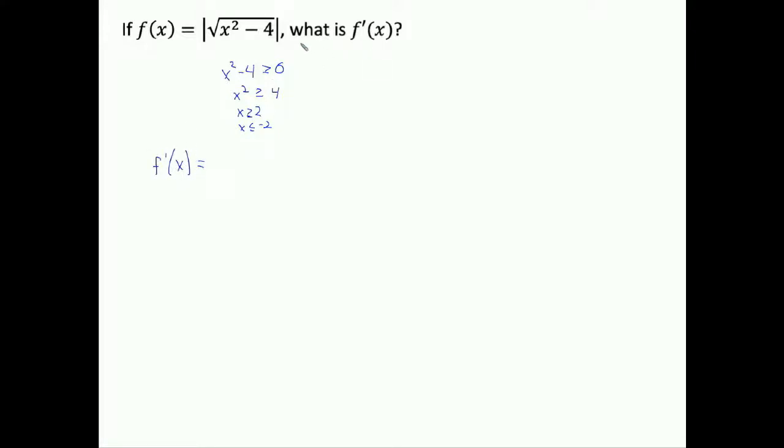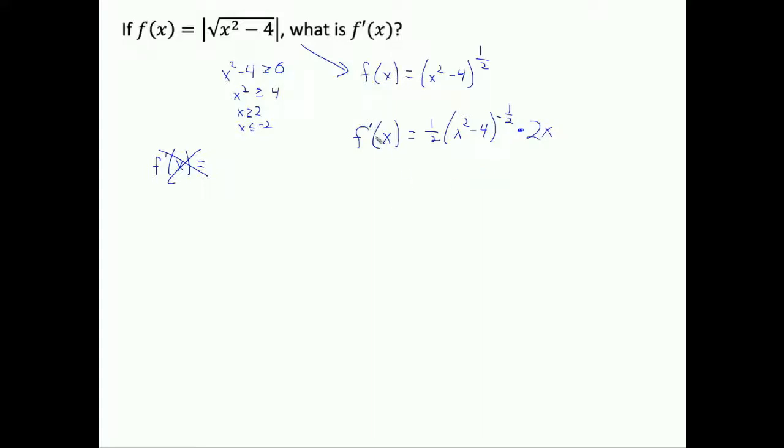A lot of times we don't need the absolute value because that wasn't affecting the function at all, so we can think of this as f of x equals x squared minus 4 to the 1/2 power, and we take the derivative of that, and we get 1/2 x squared minus 4 to the negative 1/2 times the derivative of what's inside here, so 2x.